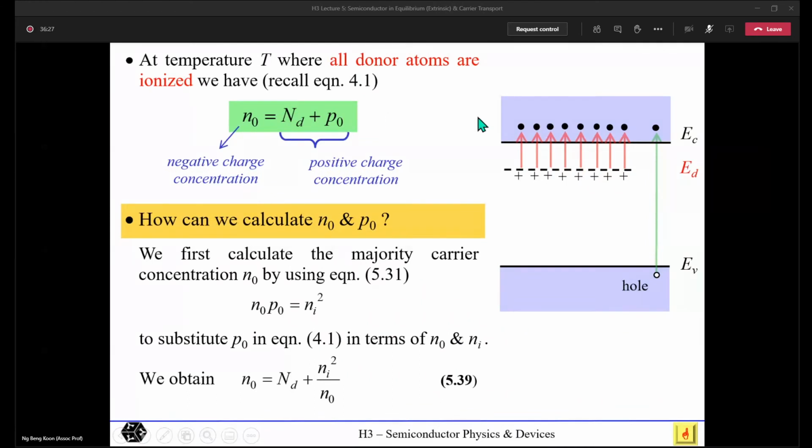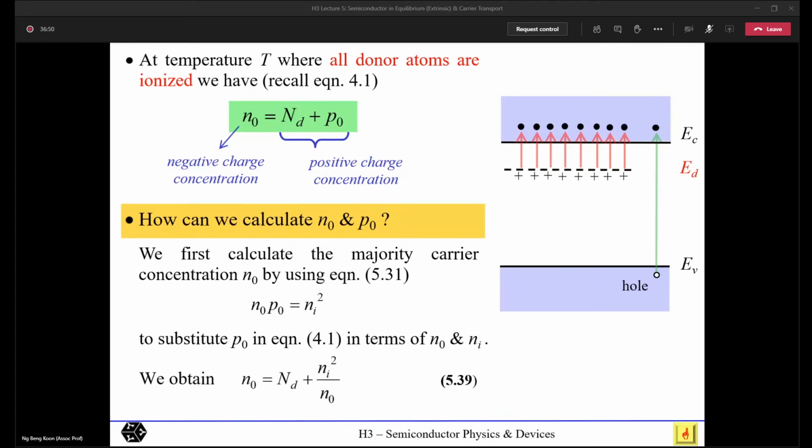In terms of the N-type semiconductor, there is this charge neutrality equation. For N-type semiconductor, your N0 is given by the sum of the donor doping concentration, ND, plus P0, the minority carrier concentration.